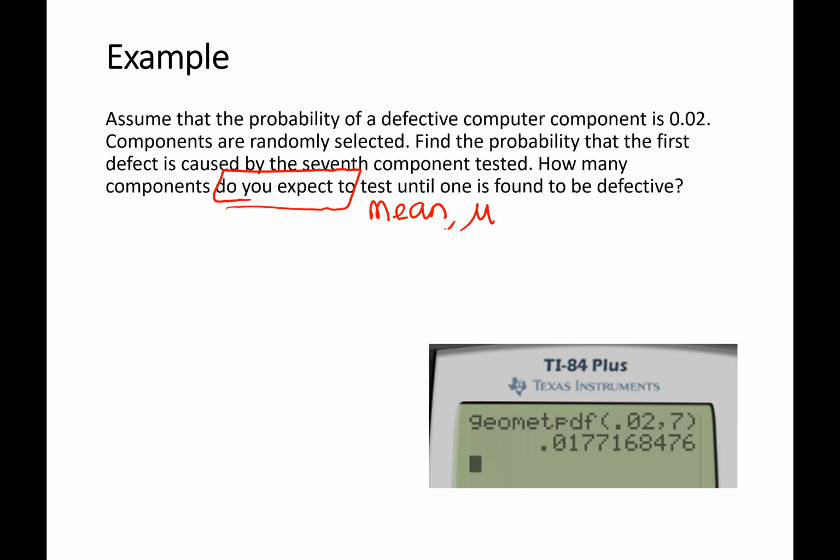It's geometric because the 7th component I pick is going to be the one that's defective. So our random variable X would be the number of computer components tested until you find a defective one.